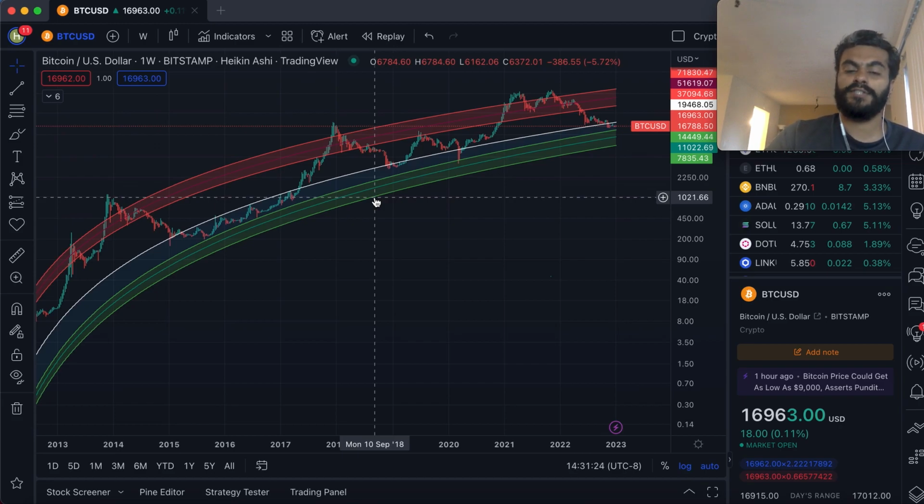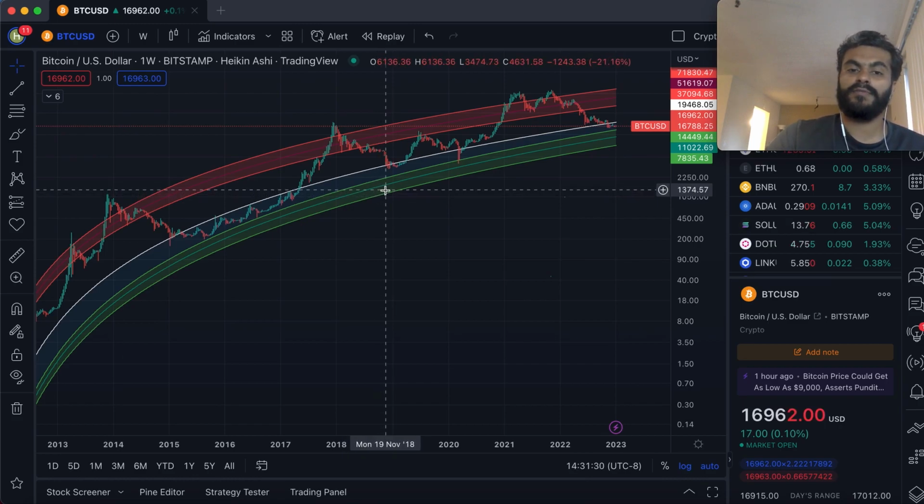And just another disclaimer that I would like to share is that such type of technical analysis is just for informational purposes, and it's not to be construed as any type of financial advice.